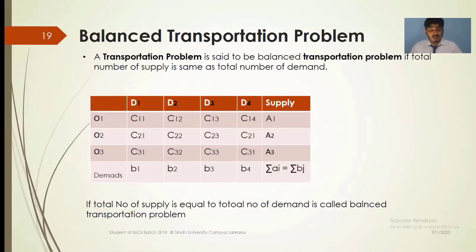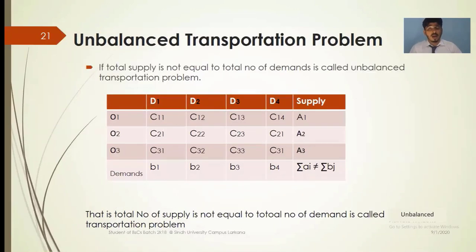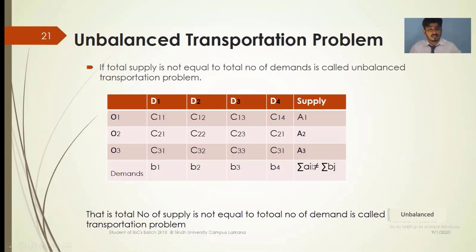It means the total supply is equal to the total demand, which is called a balanced transportation problem. Unbalanced transportation problem: if the total supply is not equal to the total demand, it is called unbalanced transportation. Here, summation Ai is not equal to summation Bj.